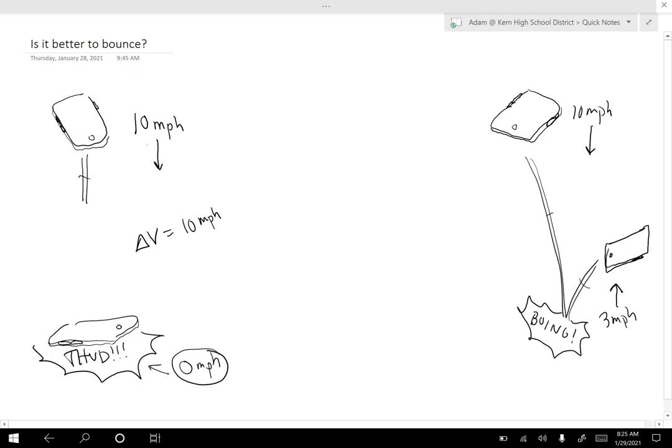It went from 10 miles per hour to 0 miles per hour. The change in speed here is 13 miles per hour. It started at 10 miles per hour, stopped to 0, that's 10, and then 3 more to go up. So because we're going in opposite directions, we've got 13 miles per hour. So notice that this has more acceleration.